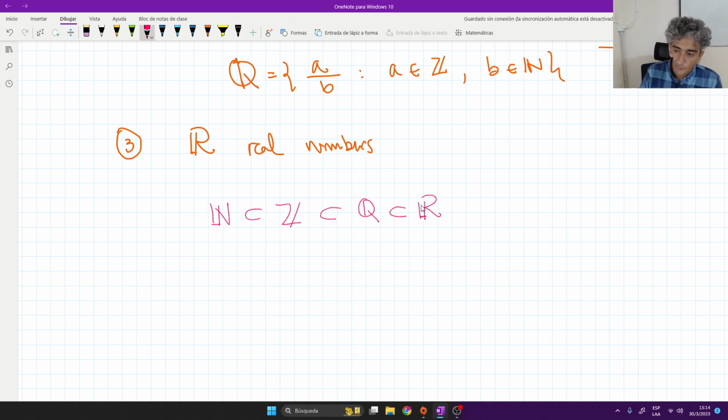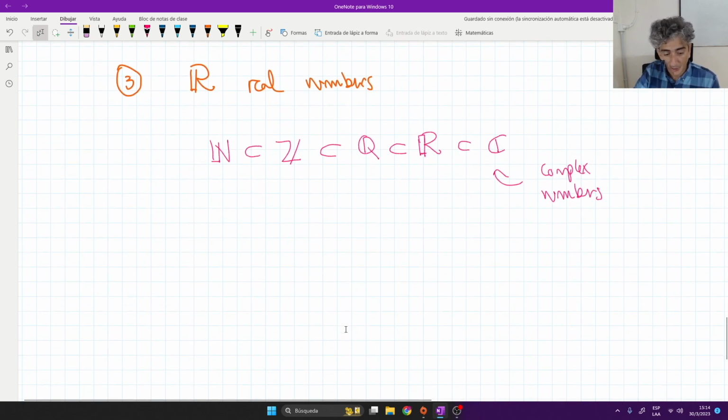So here we have lots of things to work with, and also if you think a little bit more, this is contained in C, the complex numbers. These serve as examples, but we're not going to concentrate on the nature of Q, C and R. We're going to discuss the properties of fields themselves. We're going to go a little bit more structural on this topic.